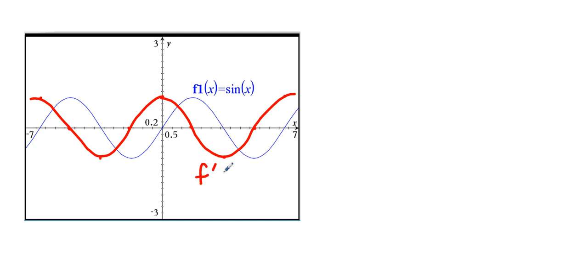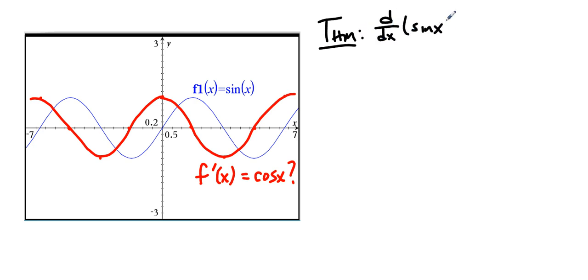Could it be that f prime of x is cosine x? Is that possible? And the answer is yes, that's possible. The theorem for us to consider is that the derivative of the sine function is in fact the cosine function.